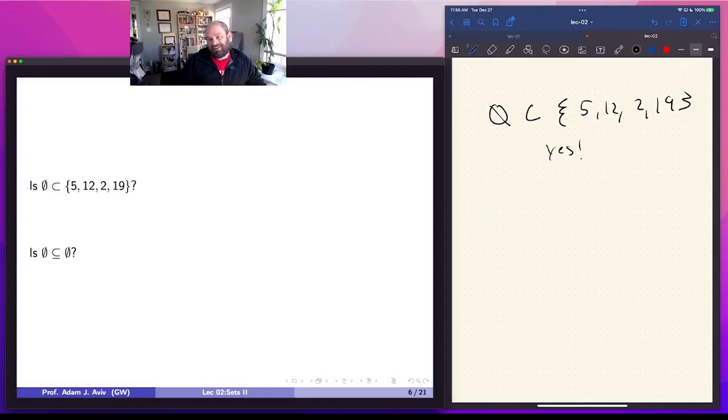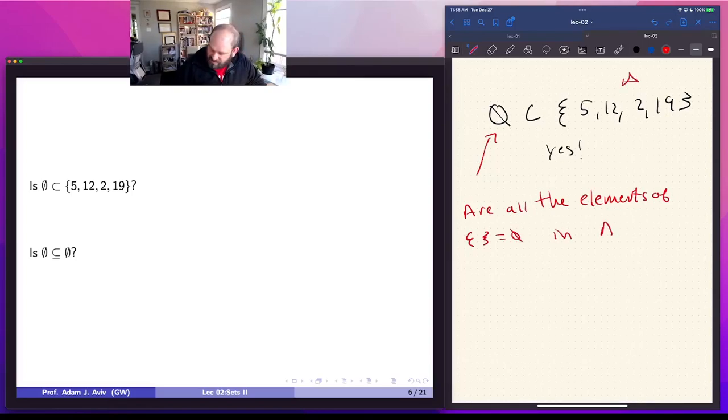Now, here's an interesting quirk of the empty set. We're asking, let me just phrase this. What it's saying is, are all the elements of the empty set in, let's call this set A, in A?